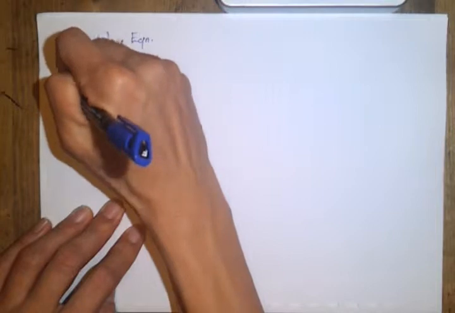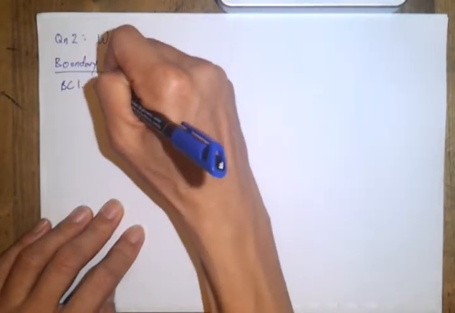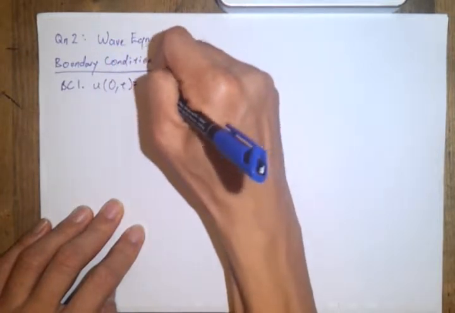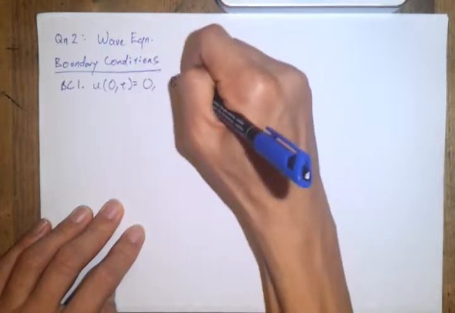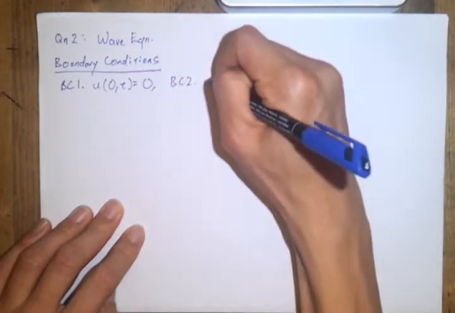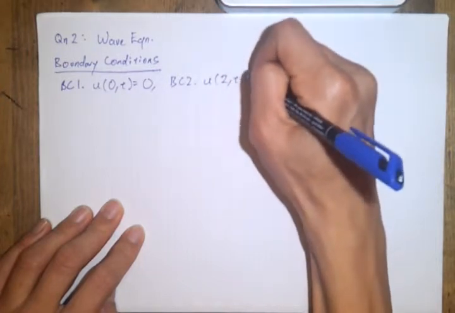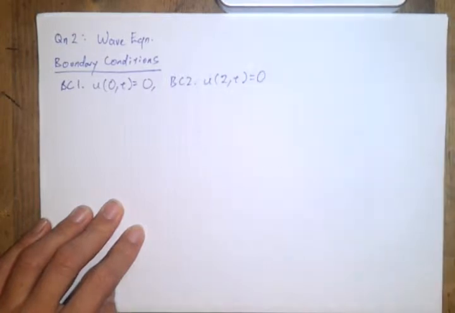Boundary condition 1 tells you that u at x equals 0 at any time is 0, and boundary condition 2 tells you u at x equals 2 at any time is also equal to 0.